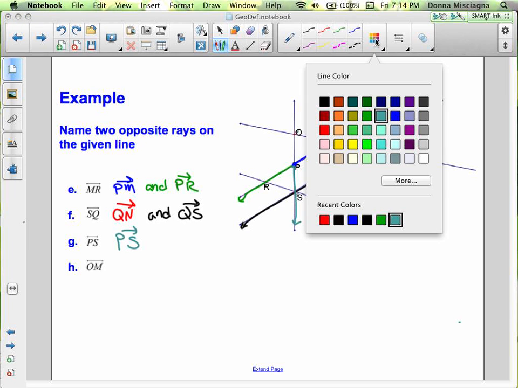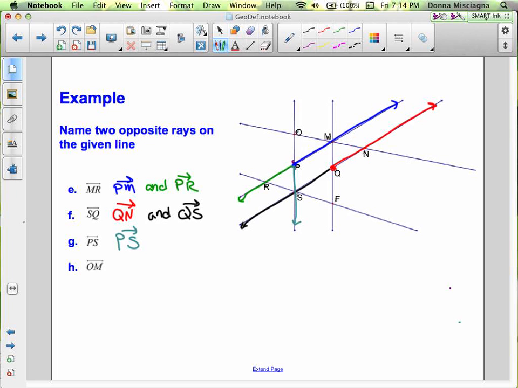And then I'm going to start at P, how about purple, and go in the direction of O, ray PO. So ray PS and ray PO are opposite rays. They have the same endpoint, P. They go in opposite directions. Together they form line PS and they don't overlap.